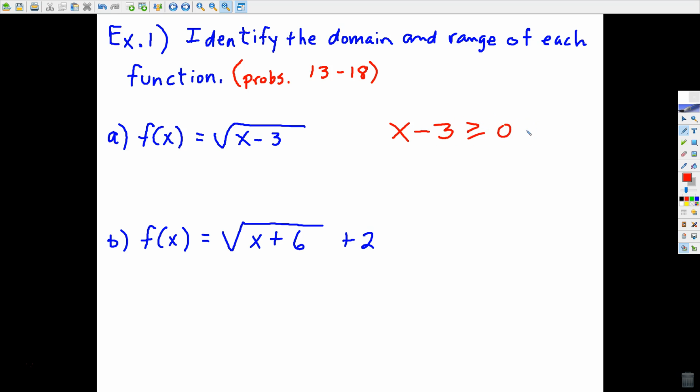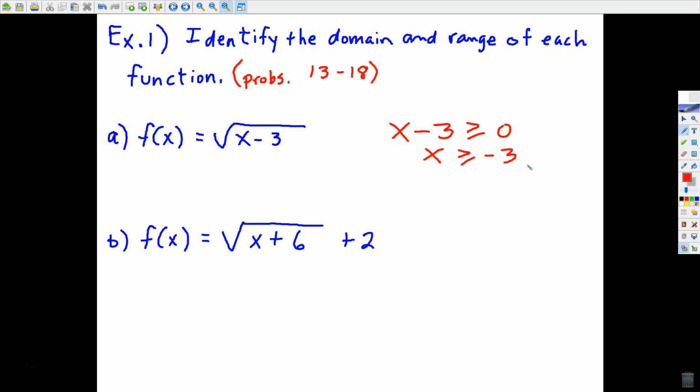Whatever x is, it has to make whatever's under the radical either 0 or greater than 0. So to find the domain, just take whatever's underneath the radical and do this little inequality, and that makes it pretty obvious as to what the domain should be.